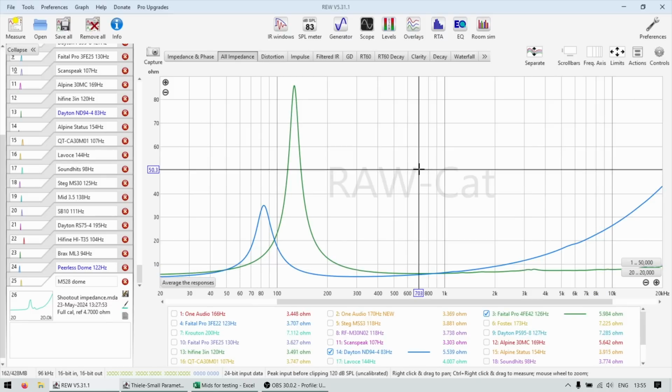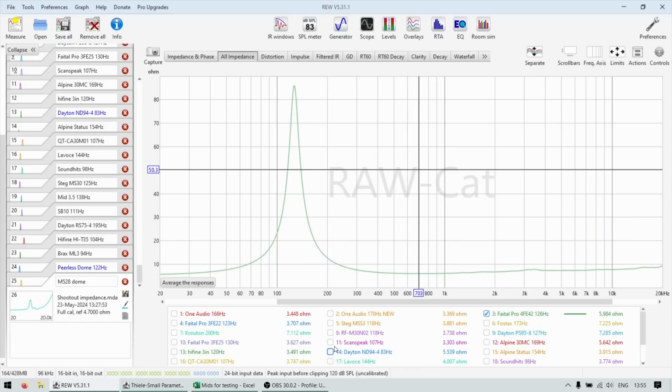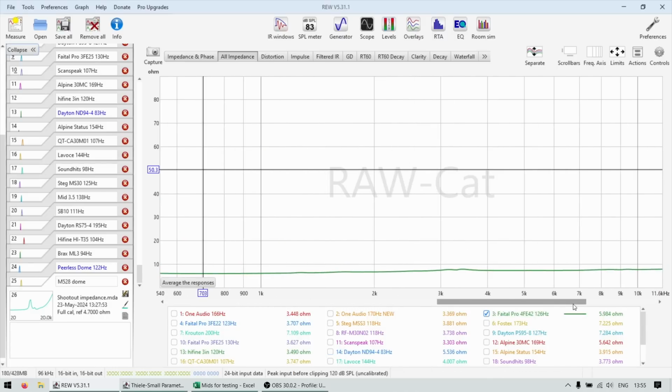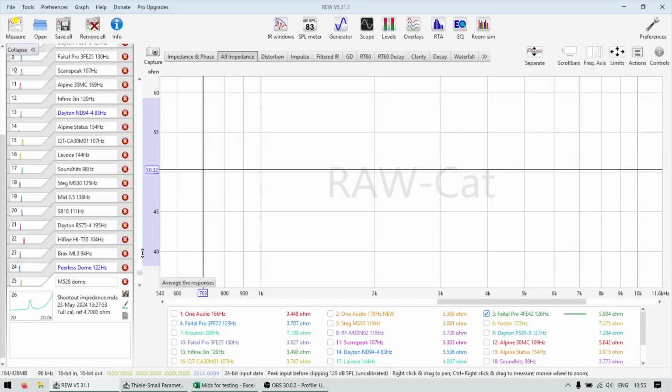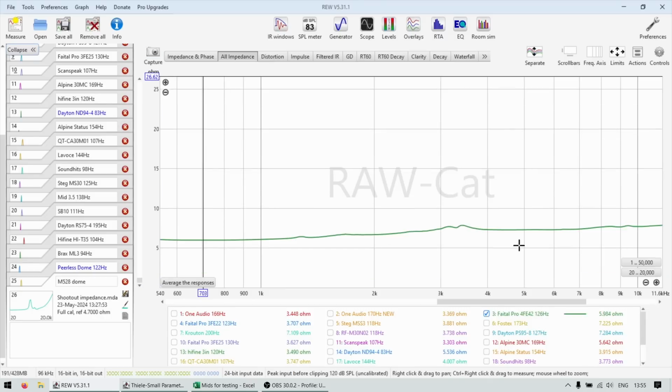Now, the other thing that is important, and it's totally subjective, so feel free to disregard it, is, in my opinion, the linearity of the impedance graph. If I zoom in on this graph quite a lot, such as like this, we can see some peaks and bumps in the impedance graph.